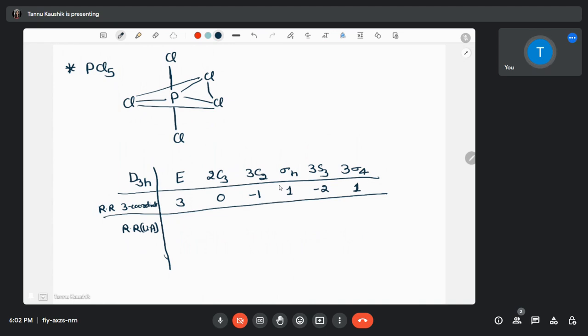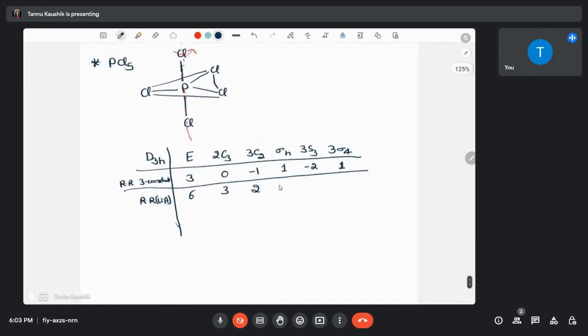The number of atoms here is 6. So under the identity operation, 6 of the atoms will remain unchanged. Along C3, which will be along this axis, the P and Cl will remain unchanged. So we will write 3 atoms remain unchanged. And when we apply the C2 axis, two atoms will remain unchanged.